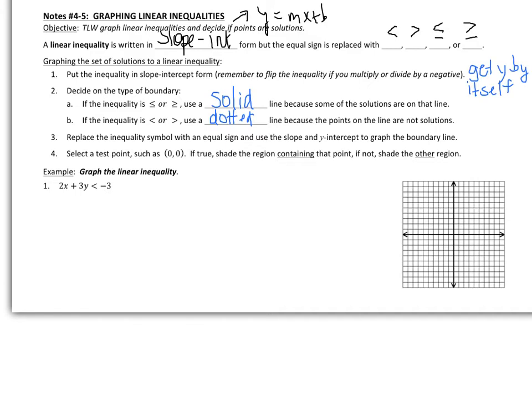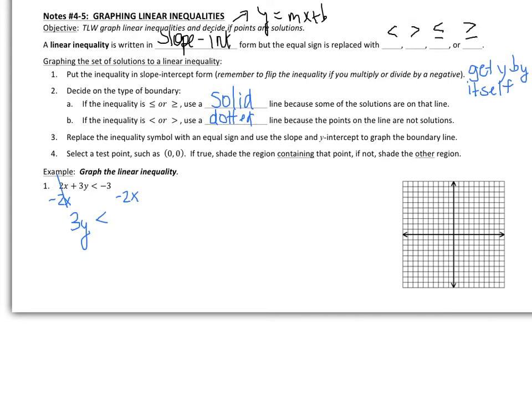This first example says 2x plus 3y is less than negative 3. So our very first step, we need to get y by itself. So we're going to subtract 2x. You should be getting good at this because it's just like getting your y by itself when you had a linear equation. You'll have 3y less than, you just bring that down.